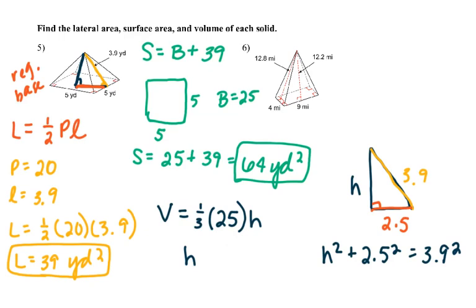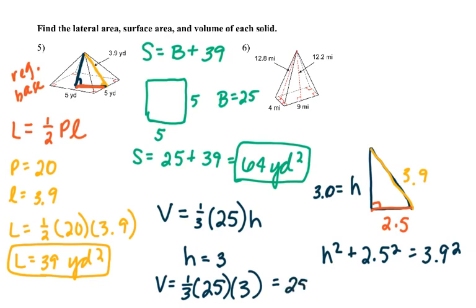I did some handy dandy calculations and got that H was 2.99, or about 3.0. So there's our height. It is equal to 3. Which is great, because now I'm going to do 1/3 times 25 times 3, and I can use the commutative property, and 1/3 of 3 is 1, and 1 times 25 is 25. So my total volume is 25 cubic yards.